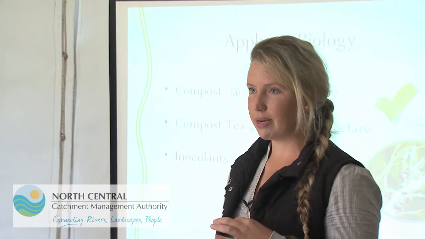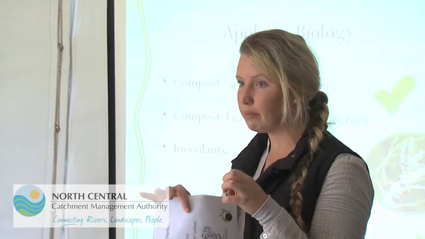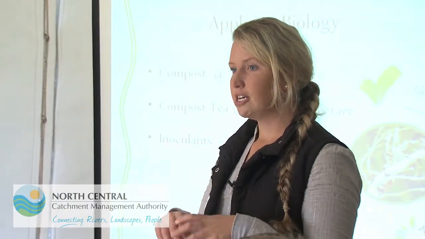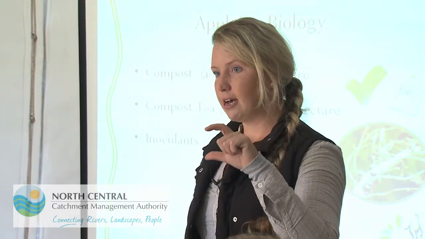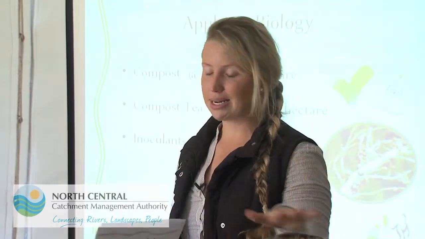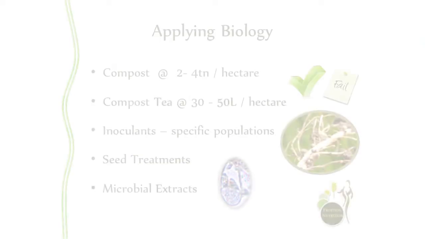So as the seed germinates, you want to have those spores right next to it, so that as the roots come out and start to develop, it's going to be right in contact. You don't want to be putting it out on the soil surface and then be sowing this far down. That's why the seed treatment works better than just putting it out as a surface application. You're better putting it out as a surface application once it's popped out of the ground.